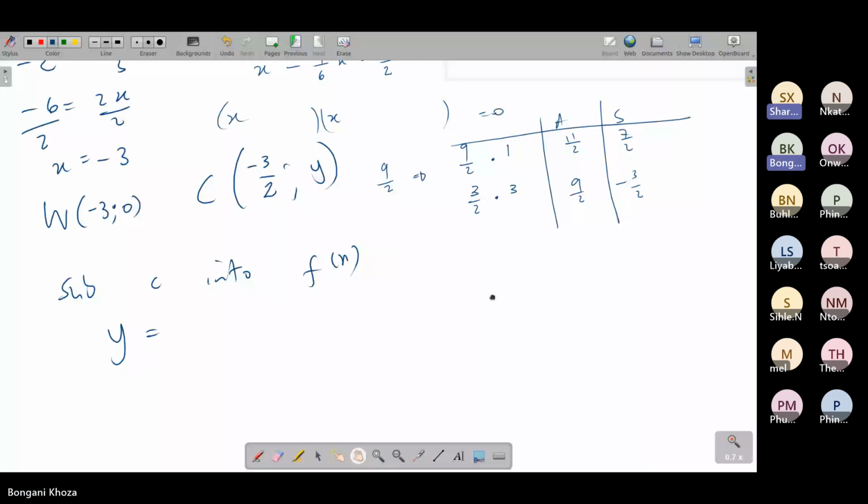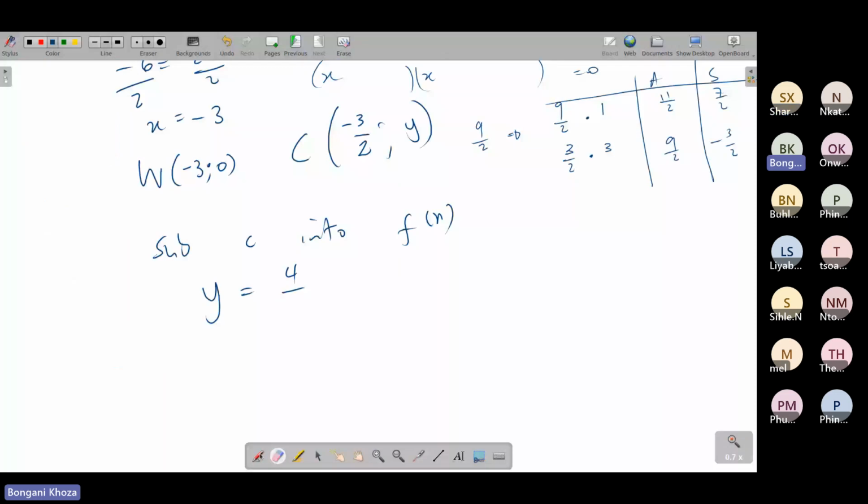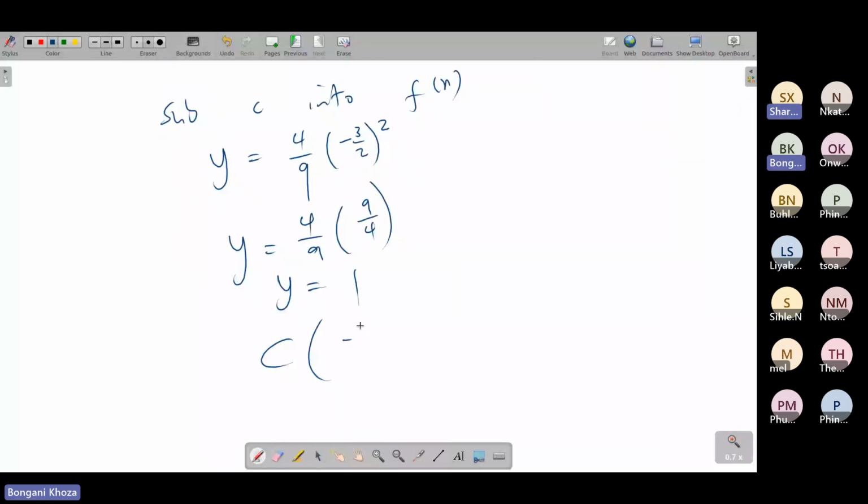How were they expecting you guys to get this? Negative 3 over 2, and then our y coordinate, this is squared. So it's going to be 4 over 9 times 9 over 4. And then our y value is equal to 1. So our C coordinate would be negative 3 over 2 and 1. How on planet Earth were they expecting grade 10s to find that?